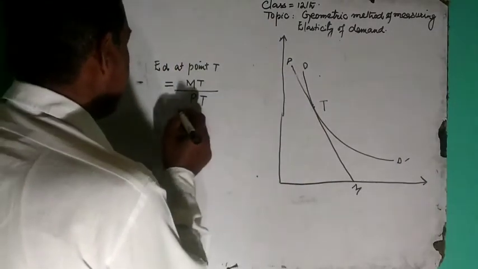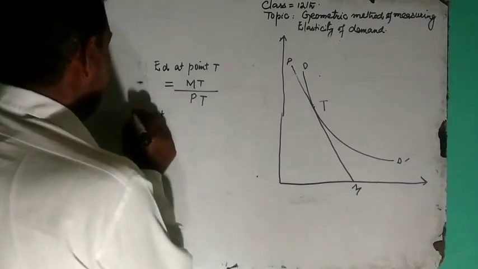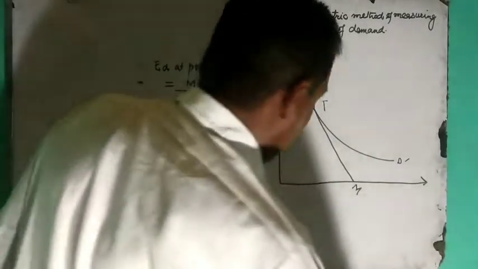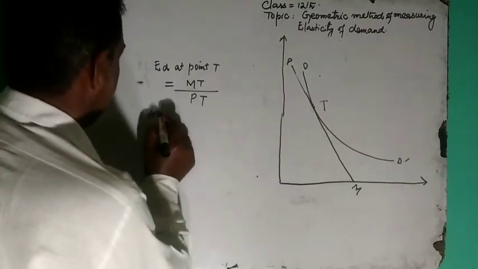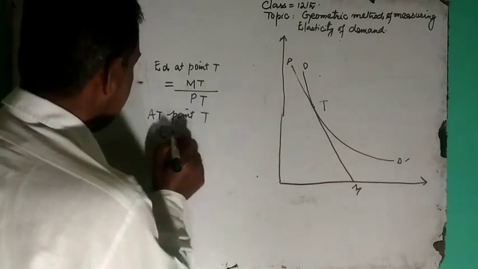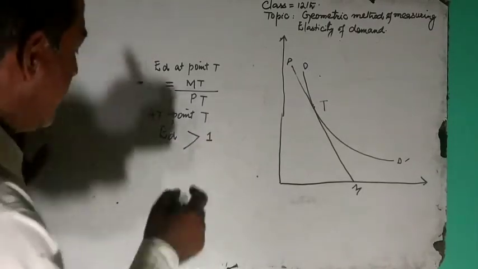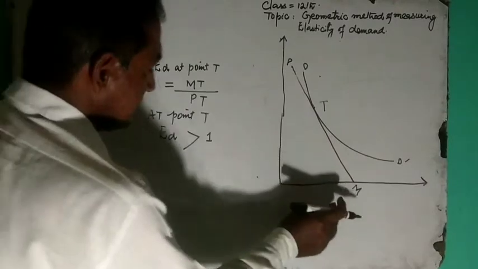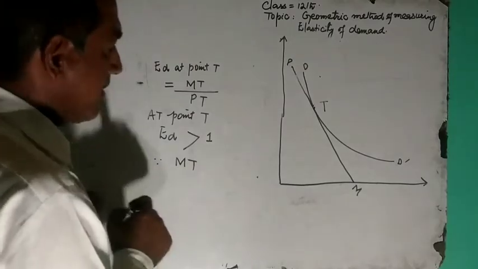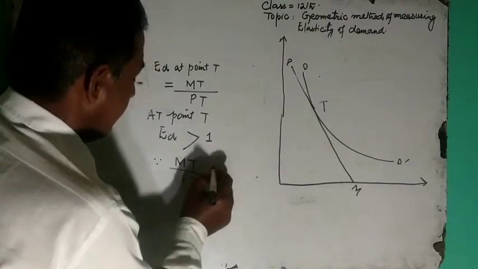Therefore, at point T, elasticity of demand is greater than unity, greater than 1, because MT divided by PT is greater than 1.